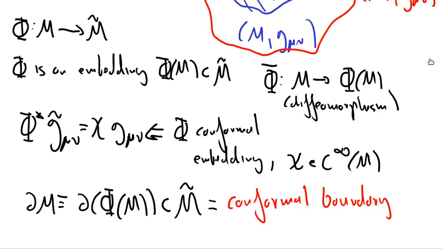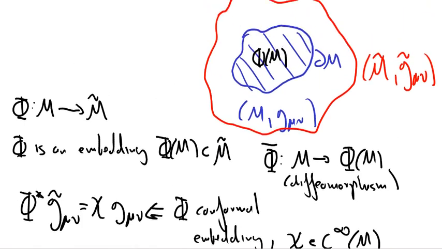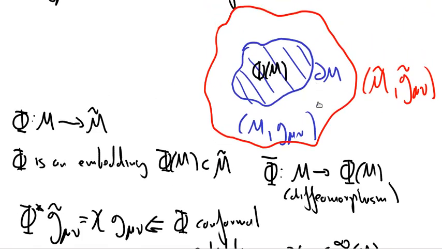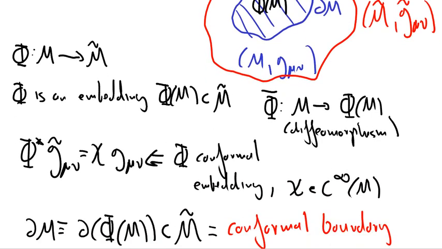Well, this fulfills what I said at the beginning, which is that we were intending to look at our manifold from the outside, and now we have an outside, which is the manifold M tilde, and we also have a boundary, the conformal boundary, delta M. So we are able to define a shape of our manifold, and we will be able to extract properties of M which we cannot if we don't perform this conformal extension.